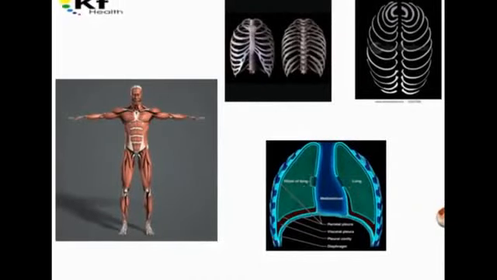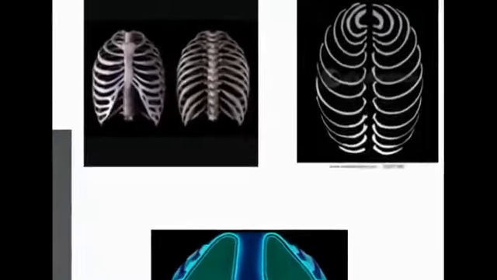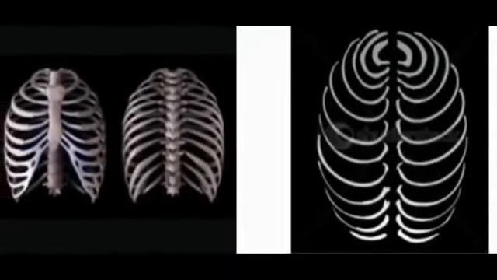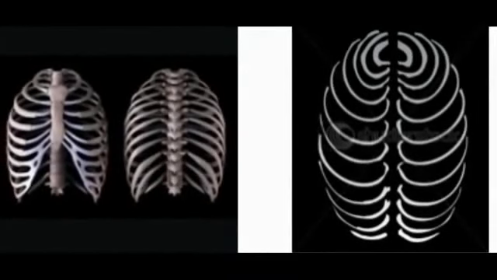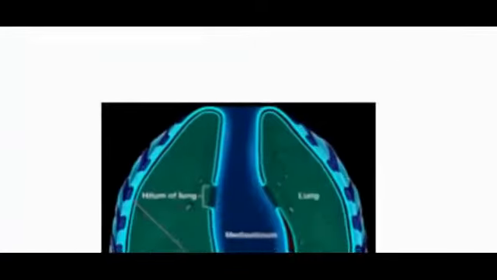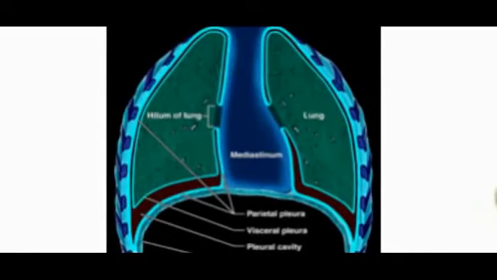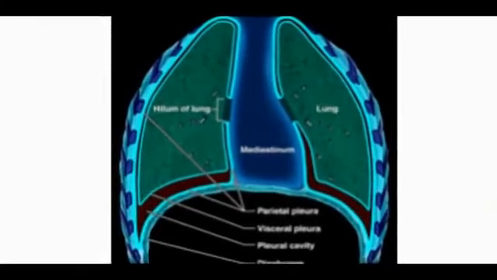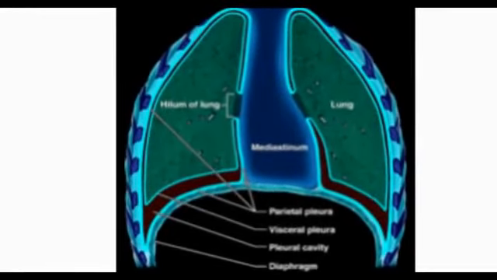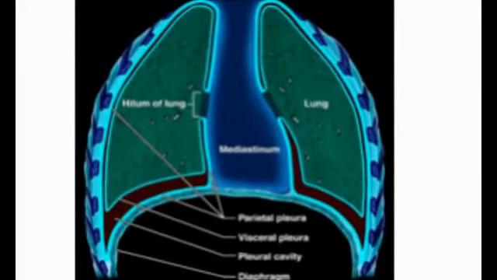So actually the left and right side of our rib cage is like the left and right side of our brain. In the middle are all the internal organs that we have inside our rib cage.